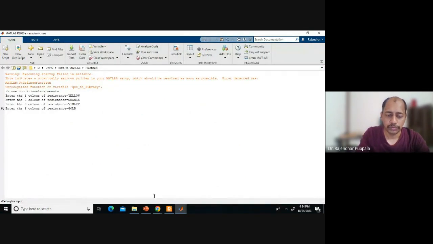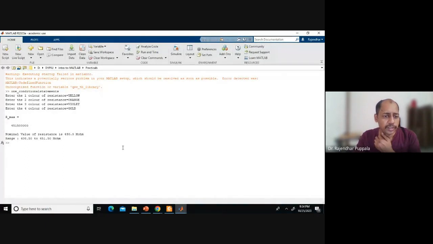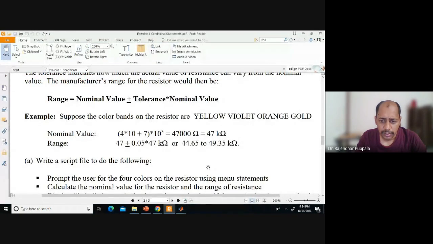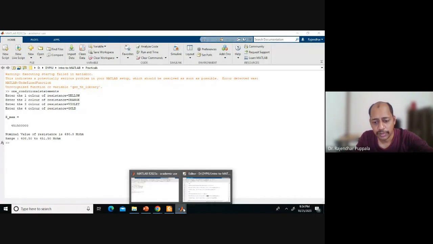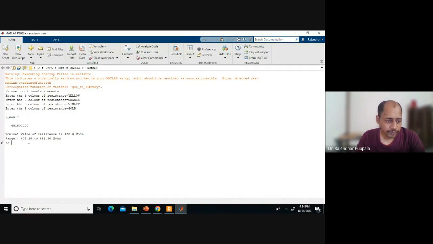We will check whether it is 47 kilo ohm for yellow, violet, orange, gold. Sorry, I have given the wrong values here. Instead of yellow, violet, orange, I have given yellow, orange, violet.